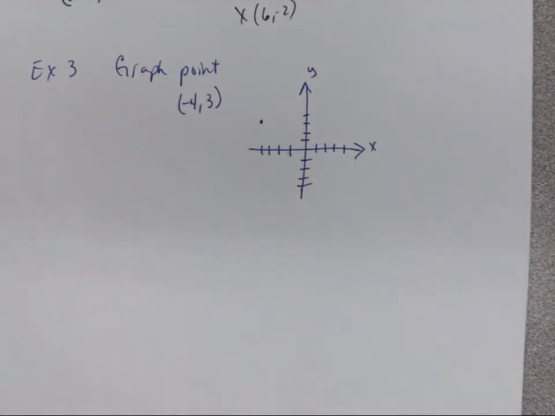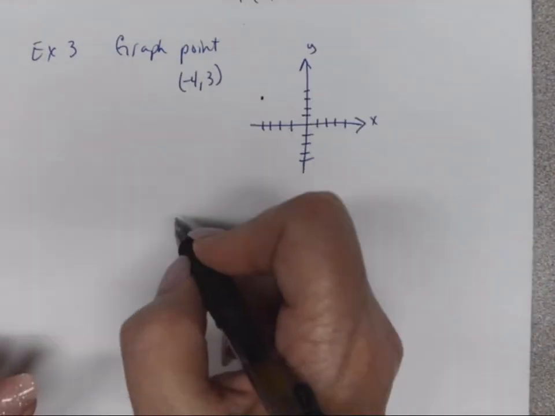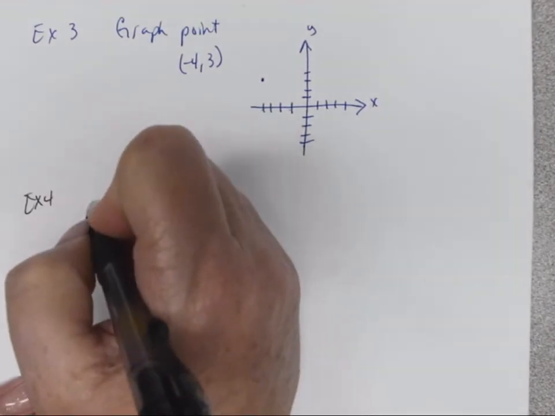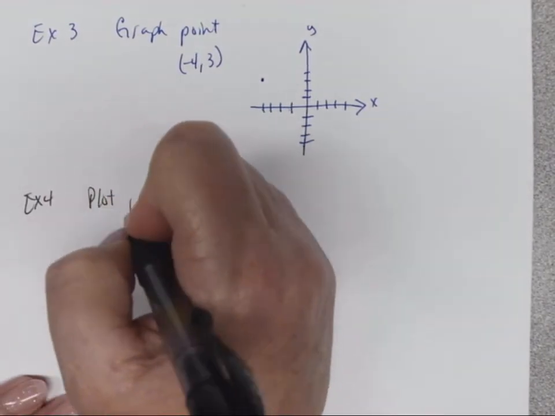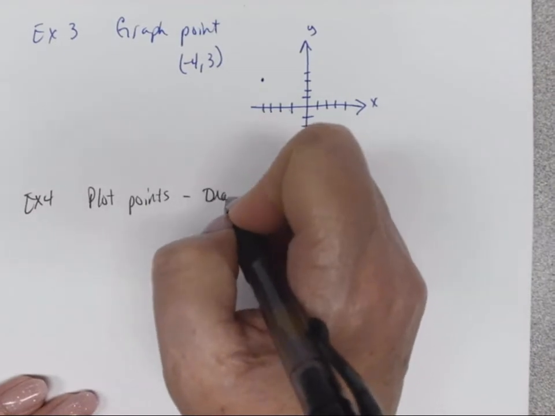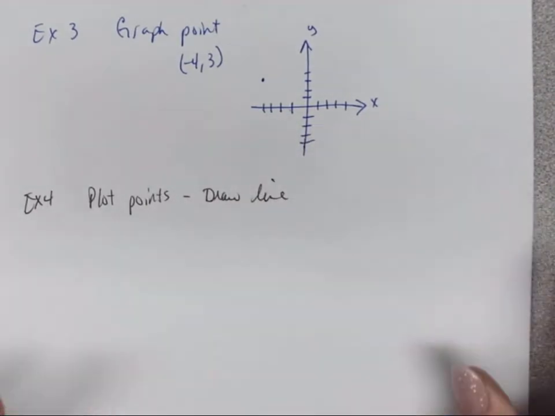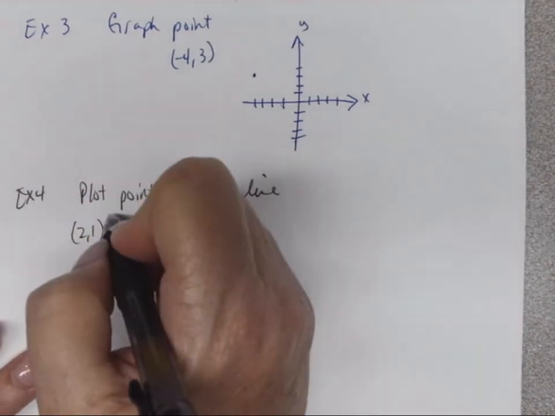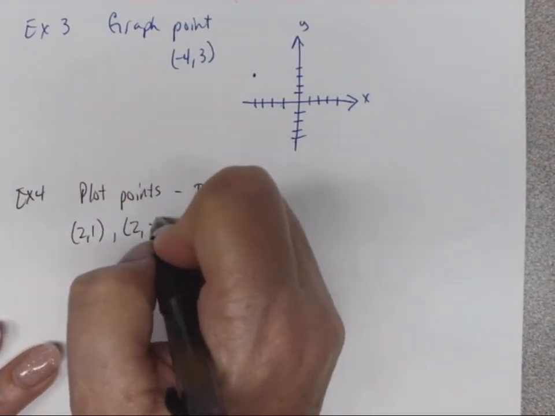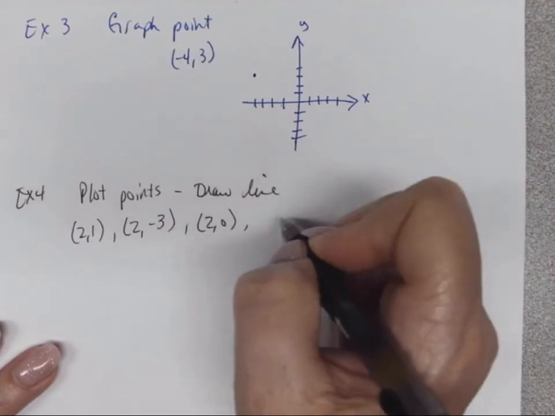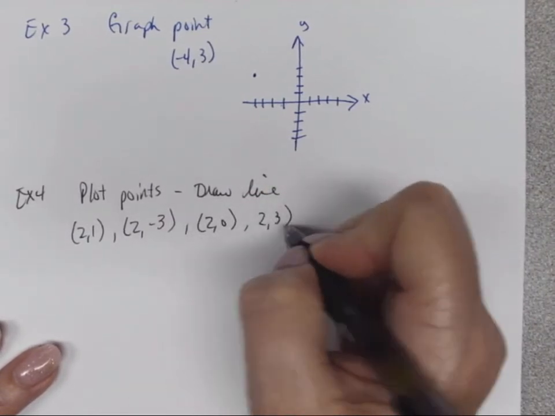All right, let's look at example 4. Here you're going to plot the points and draw a line. So the points are 2, 1, 2, -3, 2, 0, and 2, 3.